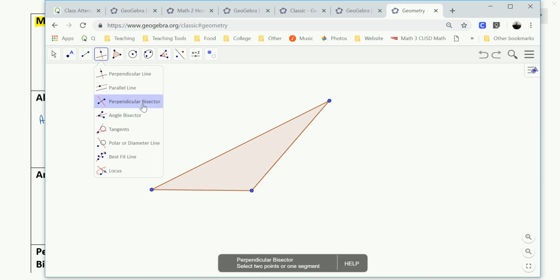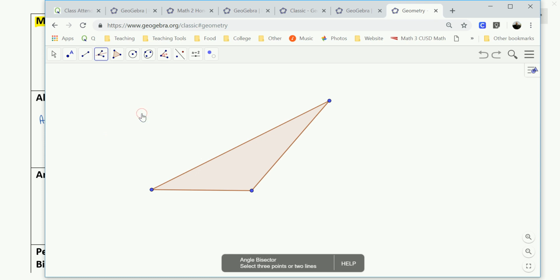And to use that, you're going to select 3 points to create that angle. Okay. So, for example, if I want to work with this angle right here, then I'm going to go point, point, point. I'm going to make this my middle selection, just like we would with 3 letters.